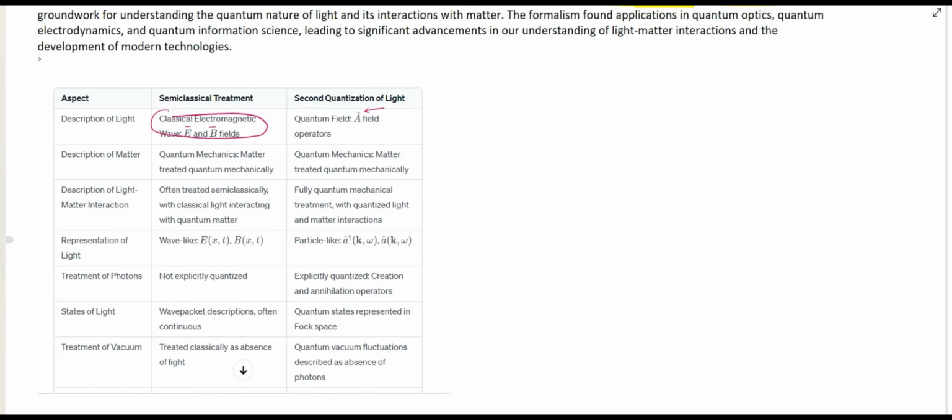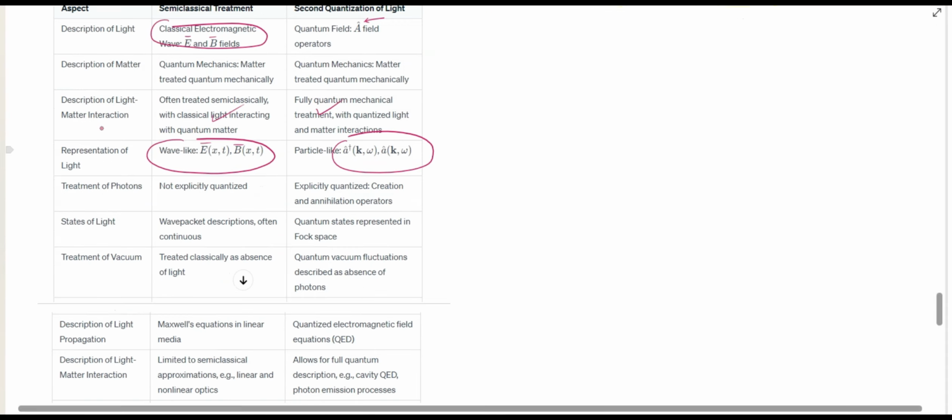The second thing is that in the semi-classical treatment, matter was treated quantum mechanically, but not light. But in second quantization, matter is treated quantum mechanically, and the light is also treated quantum mechanically. We had wave-like representations as E(x,t) and B(x,t) in the semi-classical treatment, but here we will have a particle-like description in the second quantization of light.